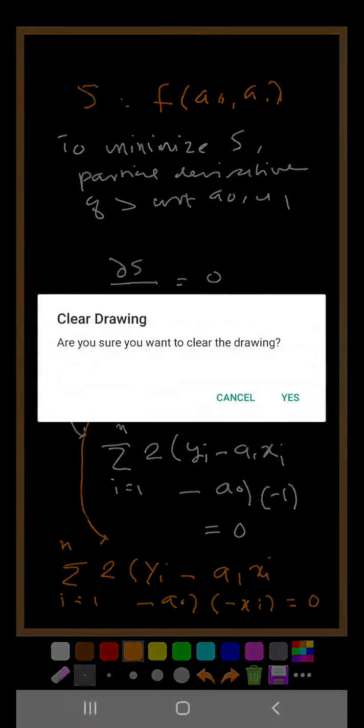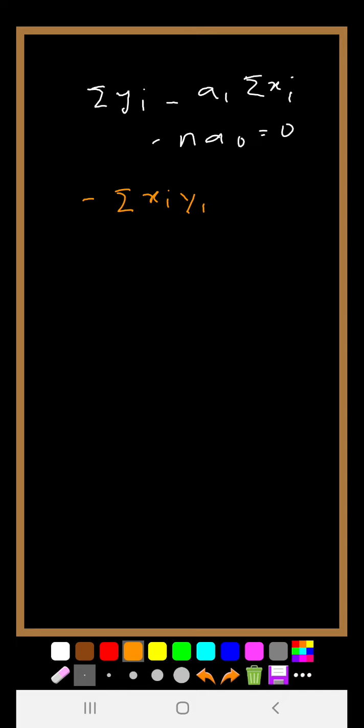So the first equation then becomes summation yi minus a1 summation xi minus n a0 is equal to 0, and the second equation becomes minus summation xi yi plus a1 summation xi squared plus a0 summation xi is equal to 0.